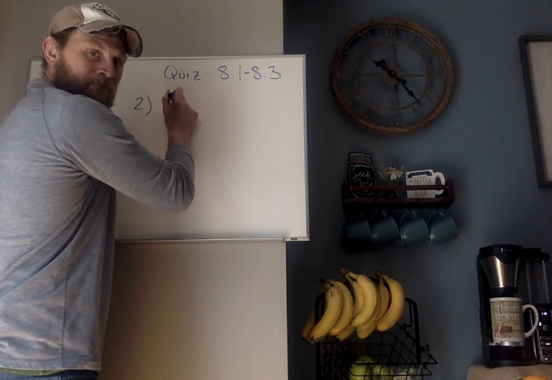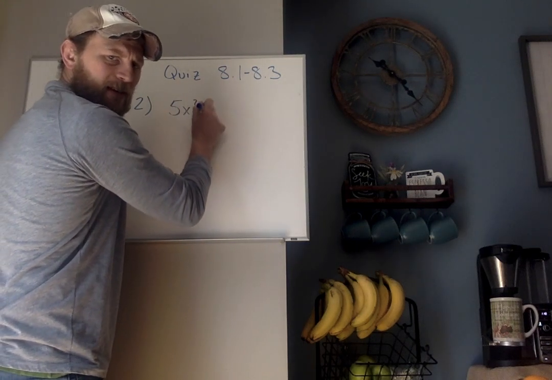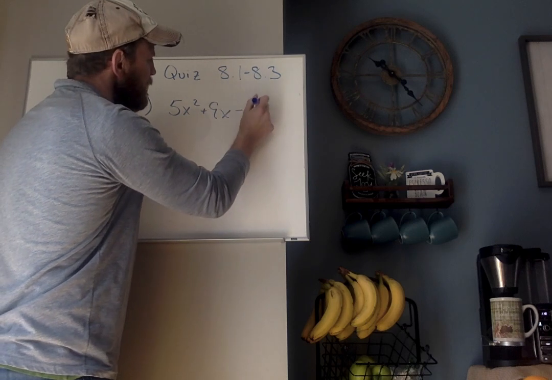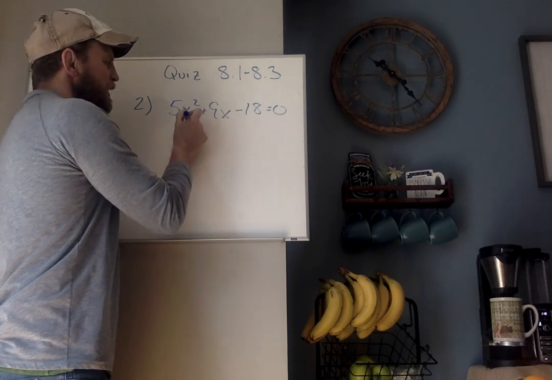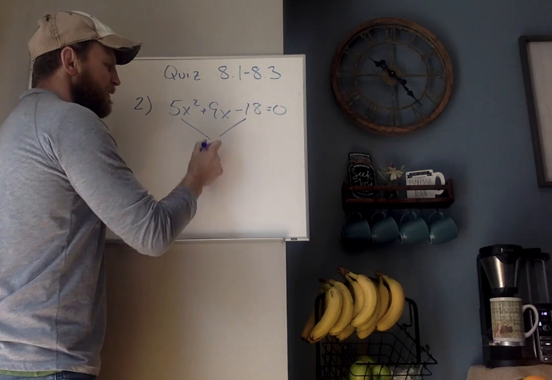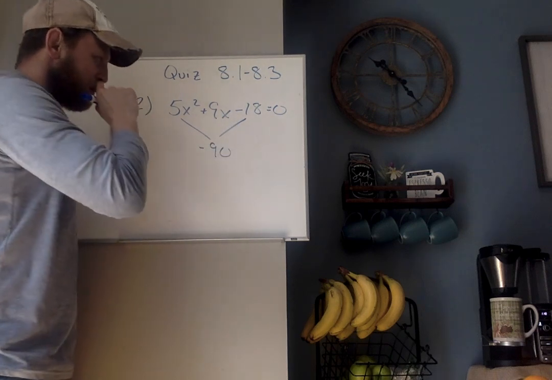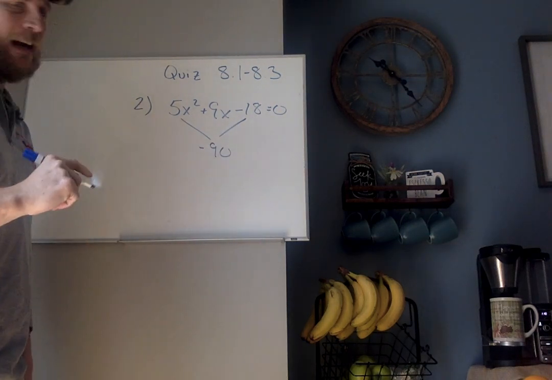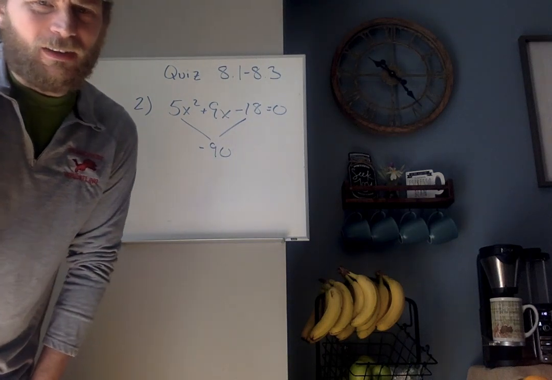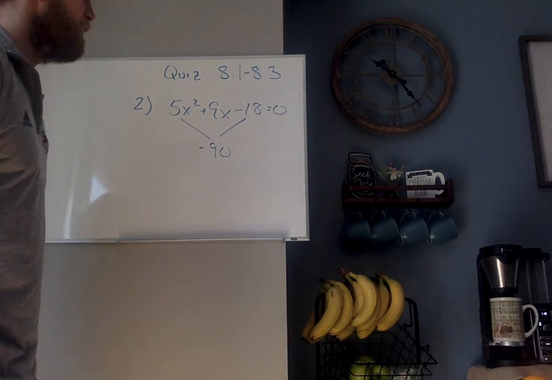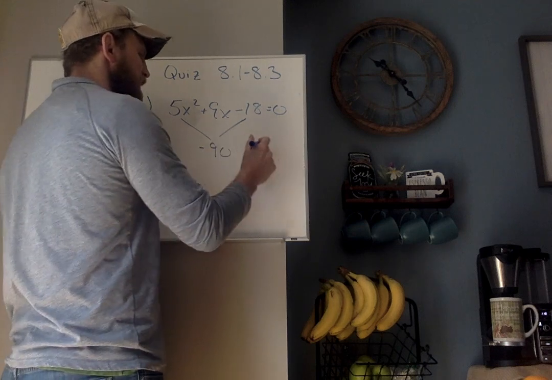It says 5x squared plus 9x minus 18 equals 0. First thing you're going to do is 5 times negative 18, that's negative 90. Now I'm trying to figure out what factors of negative 90 give me a 9.